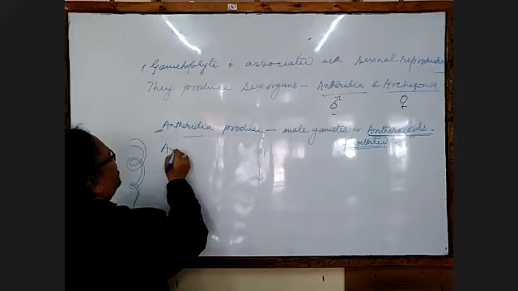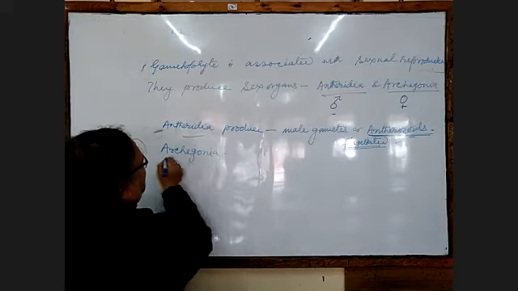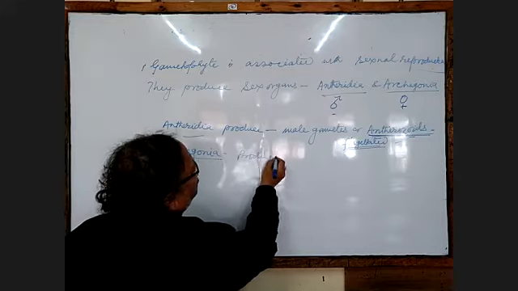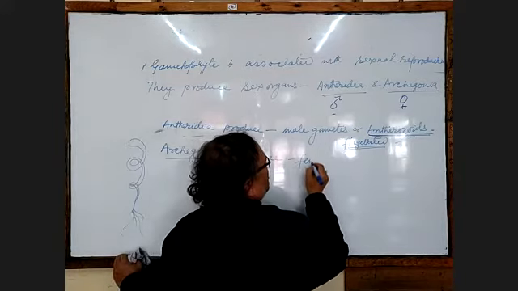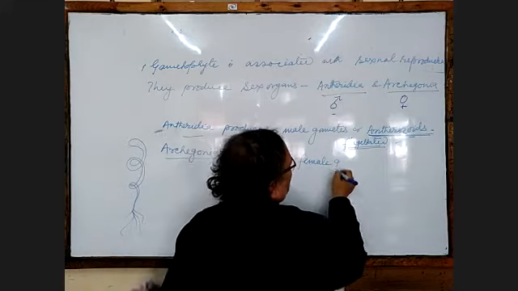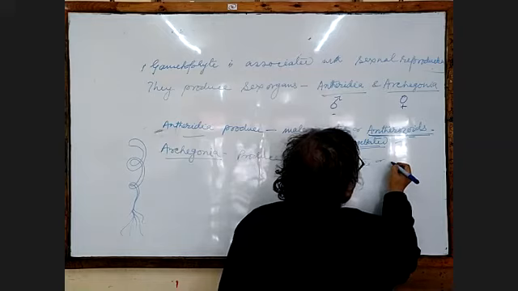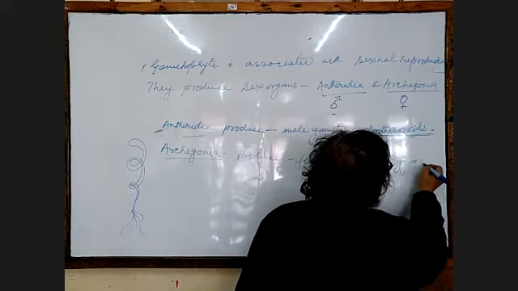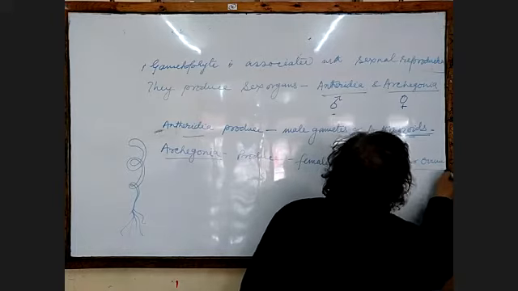Archegonia produce the egg, the female gamete, or egg or ovum, the same thing.